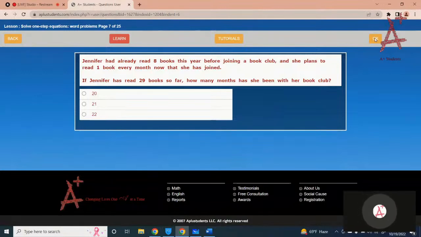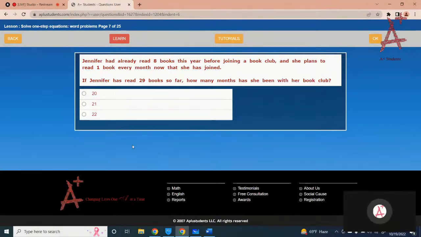Jennifer had already read 8 books this year before joining a book club. She plans to read one book every month now that she has joined. Jennifer has read 29 books so far. How many months has she been with her book club?